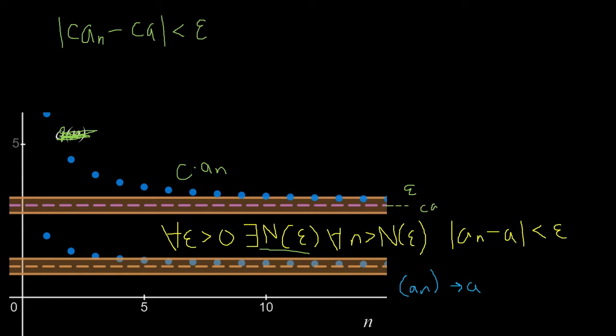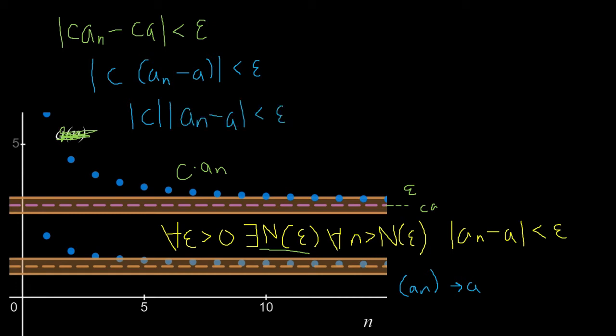With some algebraic manipulation, I might notice, hey, I can factor out a c. I get the absolute value of c times a sub n minus a is less than epsilon. The absolute value of the product is the product of the absolute values. So this is the same thing as the absolute value of c times the absolute value of a sub n minus a, and this is less than epsilon.